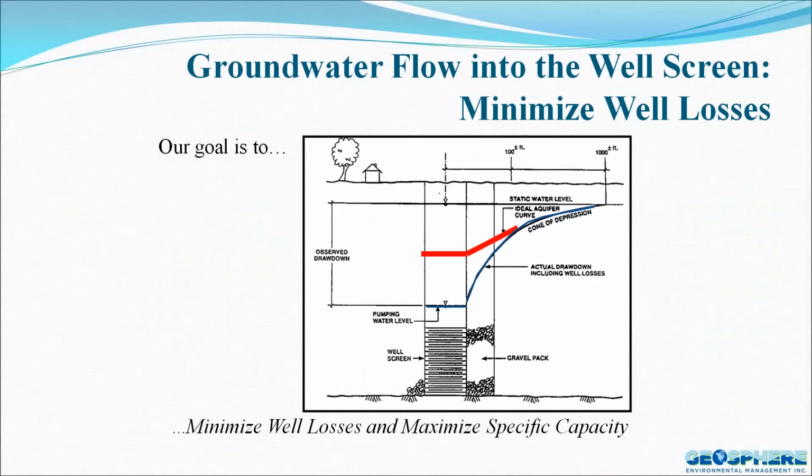In actuality, we have a cone of depression and we have our actual drawdown, including well losses, which is much greater. 80% or so is what we try to strive for in efficiency. And when it starts to drop off more than that, then we have problems. So this is what we aim for. Our goal is this when we install a well, and why we do things the way we do it.